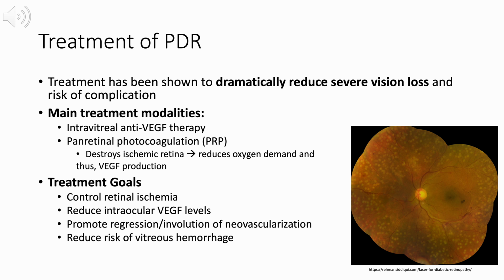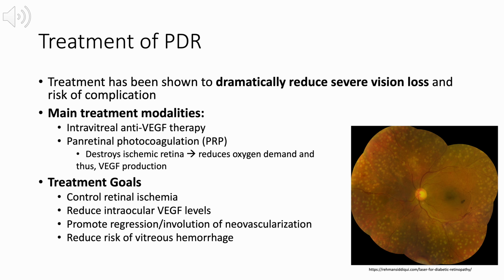Given a 50% risk of severe vision loss, the imperative to treat is clear, and fortunately, treatment has been shown to dramatically reduce both severe vision loss and the risk of complications. There are two main treatment modalities. The first is intravitreal anti-VEGF therapy, which neutralizes the mediator driving the entire proliferative process.